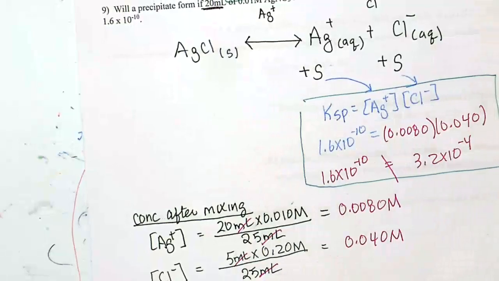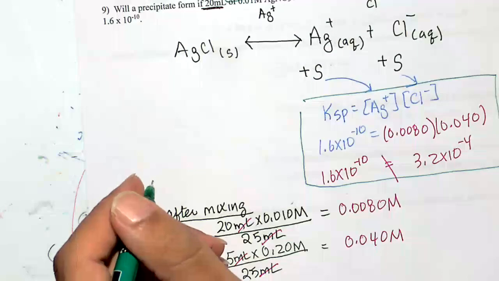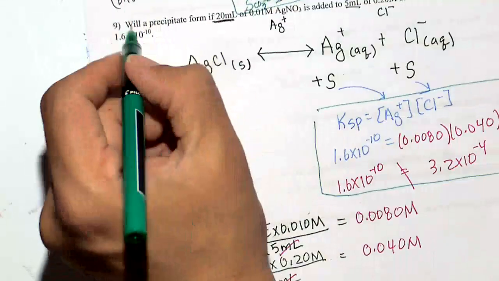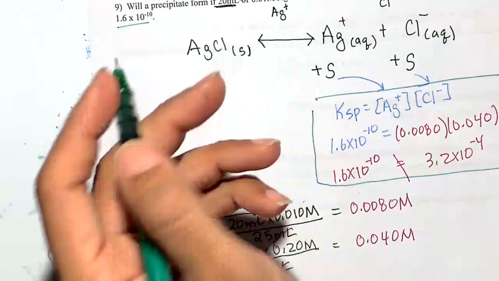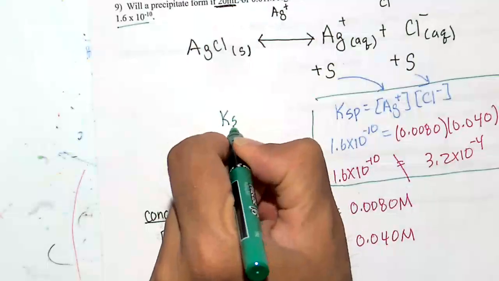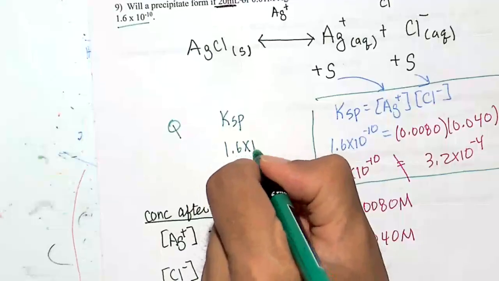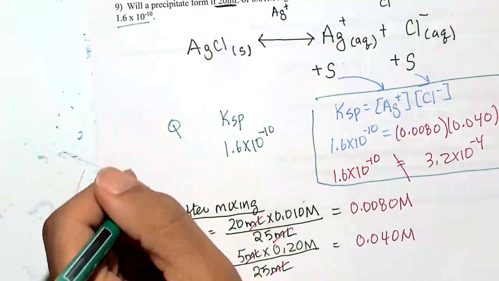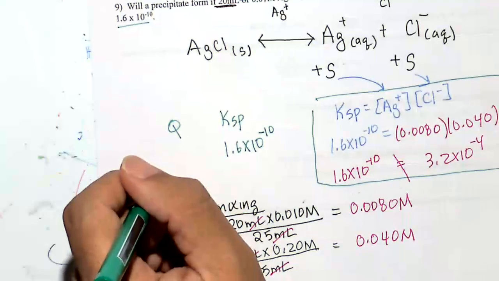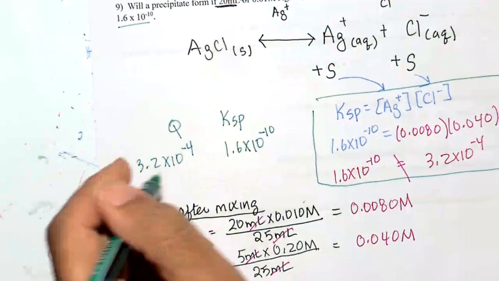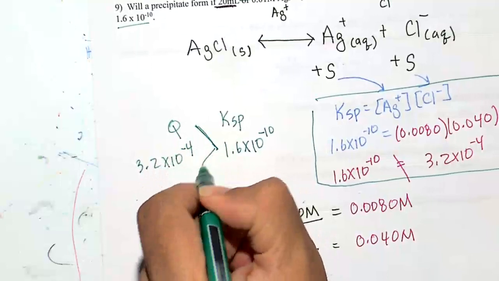The way we will figure that out is we're going to put Q first. Which one is Q here? Well, this one is K because that's given to you, Ksp. So we'll put Ksp last and we'll put Q first. Ksp is given to us in the problem as 1.6 times 10 to the minus 10, and this Q is 3.2 times 10 to the minus 4, which is bigger?